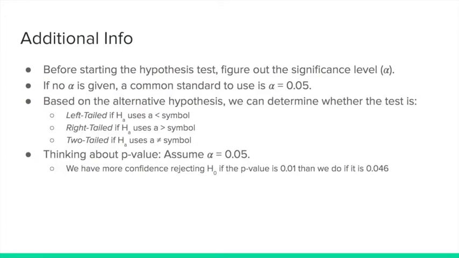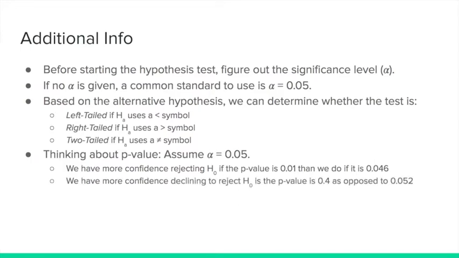If it's 0.046, we still reject the null, but we'd probably make some kind of comment in our conclusion that it just barely snuck in there with significance. All right, so on the other hand, say you're going to decide not to reject the null. Well, there are two scenarios here that are very different as well.